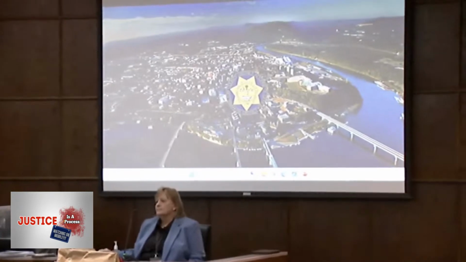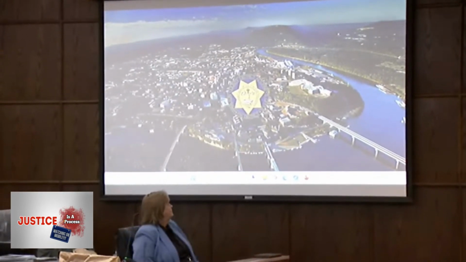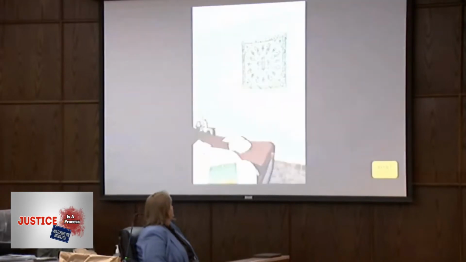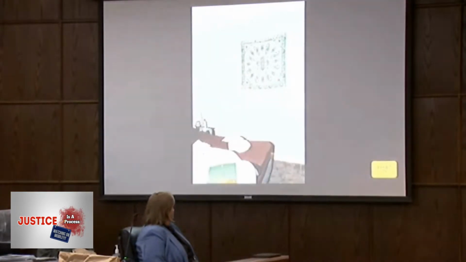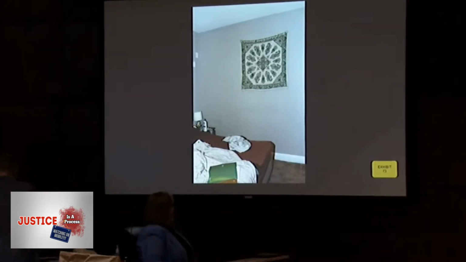And I'm going to put up on the screen a photo. This is Exhibit 73. Was this the same as it was as you found it on the day of the search warrant? Yes. What wall was the bed on?